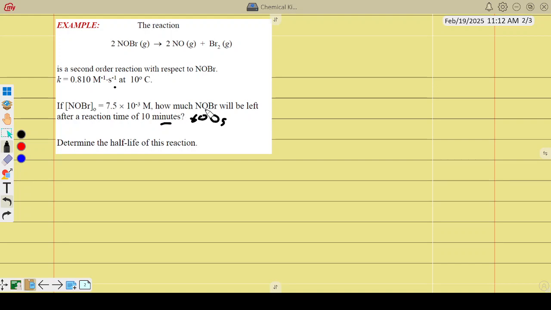How much nitrosyl bromide is left? So they're talking about the final concentration.